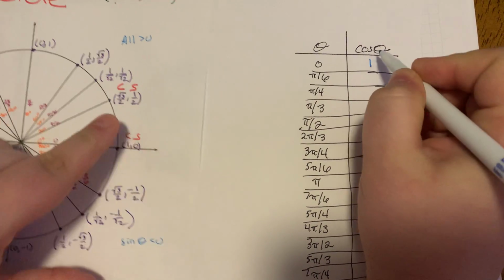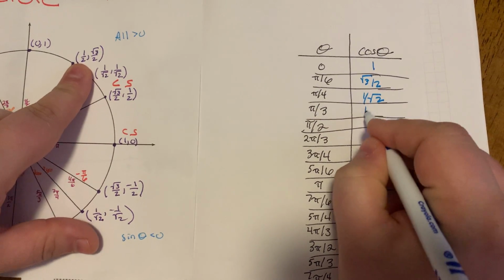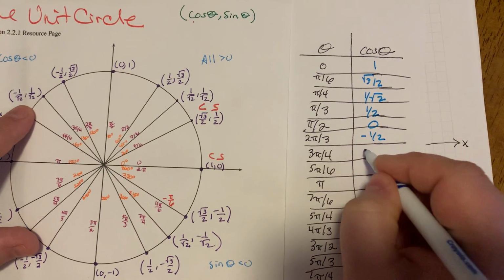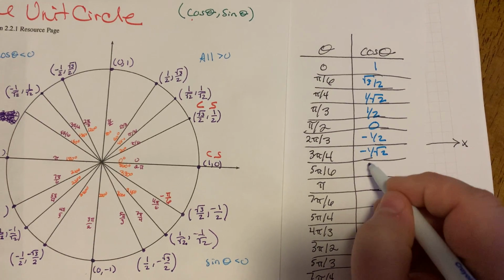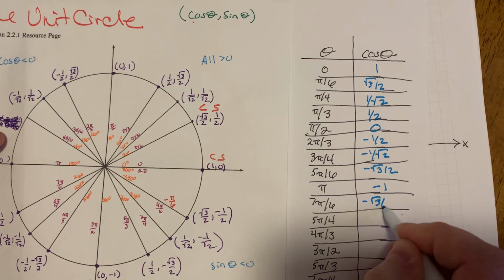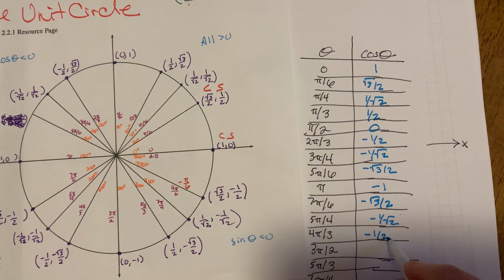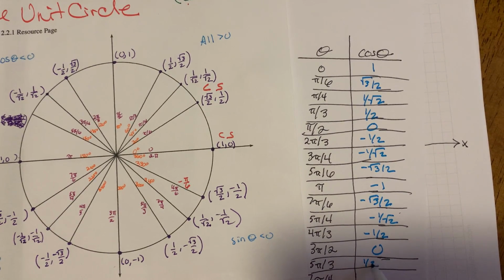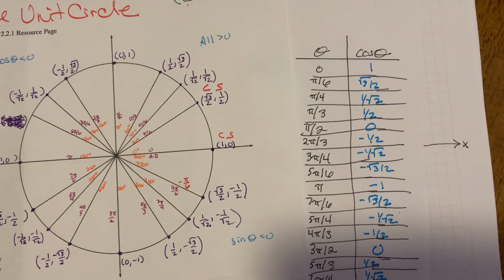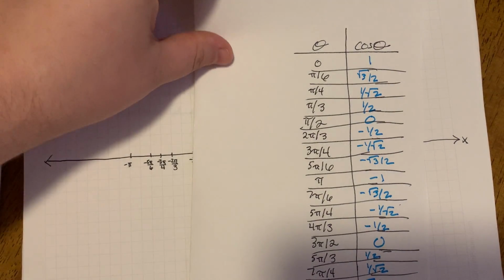So at 0, we're at 1, root 3 over 2, 1 over root 2, 1 over 2, and then 0, negative 1 over 2, negative 1 over root 2, negative root 3 over 2, negative 1, negative root 3 over 2, negative 1 over root 2, negative 1 over 2, 0, 1 over 2, 1 over root 2, root 3 over 2, and back at 1, right? Because it's periodic, we should end where we start.